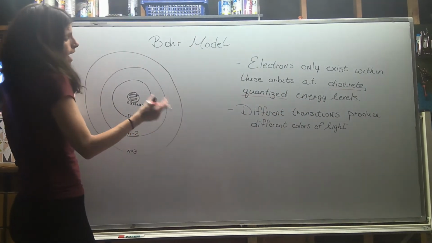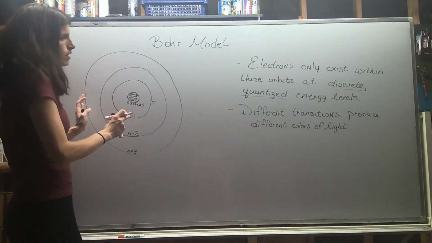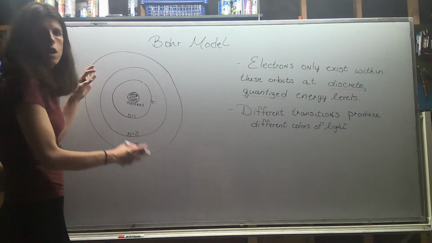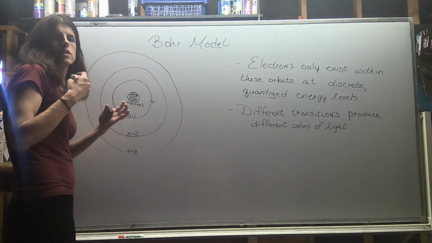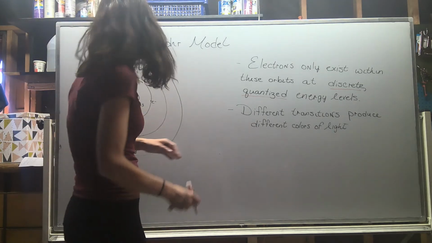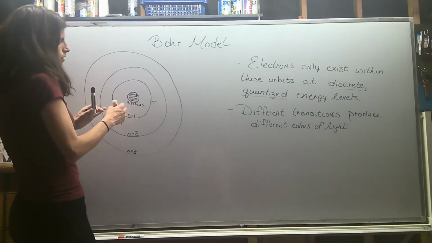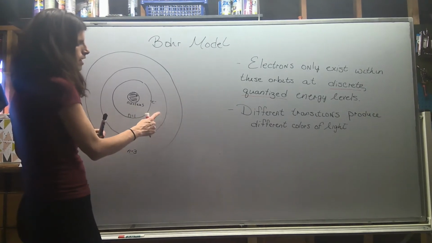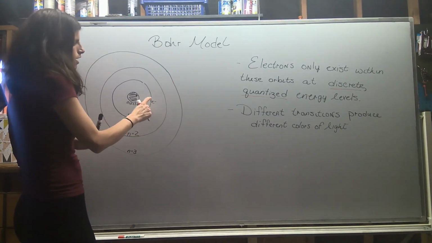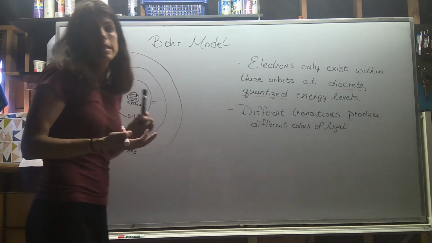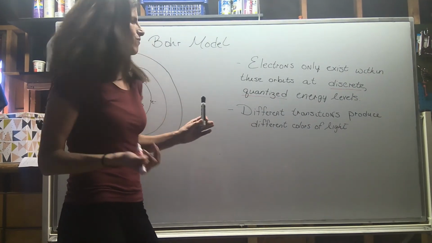Every single element on the periodic table has its own pattern of shells, of orbitals, which creates a distinct pattern of light. And then it's quantized because even though this is a very simplified model, we don't expect to find an electron in between the orbitals. The electron can exist in the first shell, it can exist in the second shell, but it's not going to exist in shell 1.5.